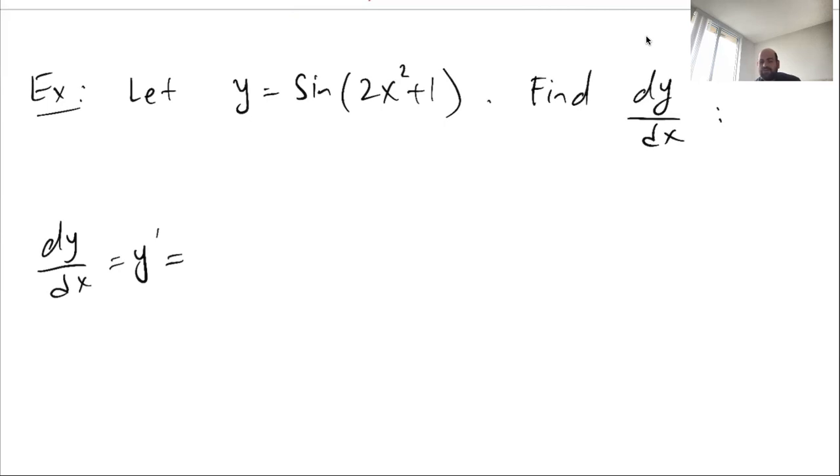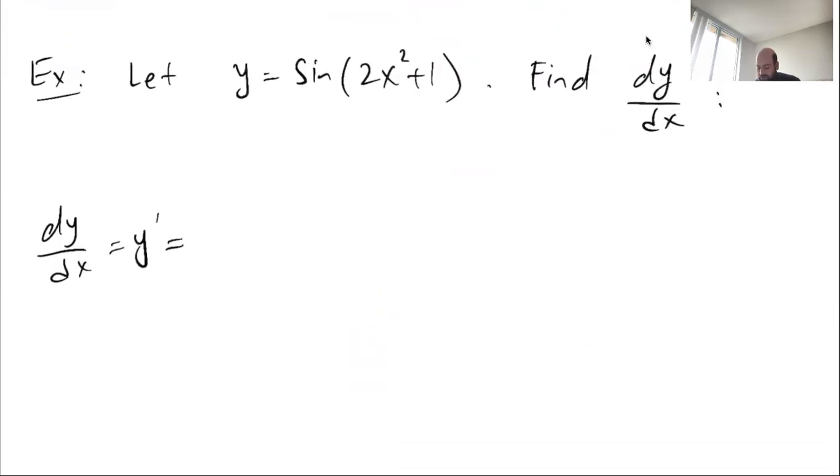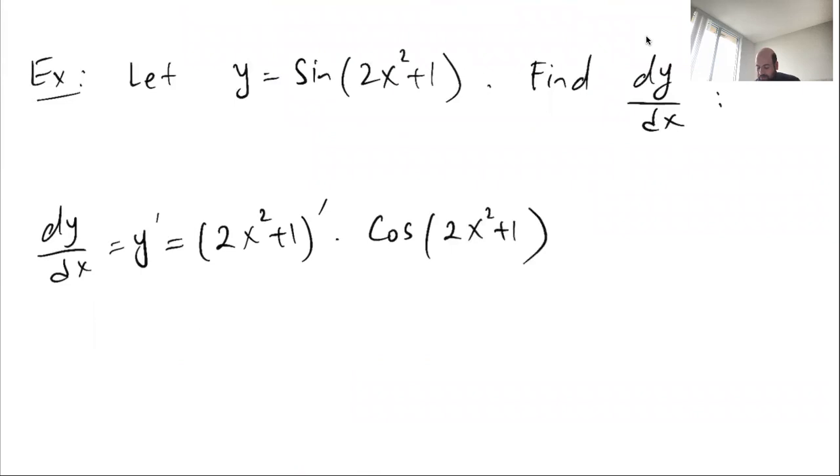Sine u's derivative is, as we said, u prime times cos u. So u is 2x squared plus 1, so the derivative of 2x squared plus 1 times cos of (2x squared plus 1). And the answer is 4x times cos of (2x squared plus 1).